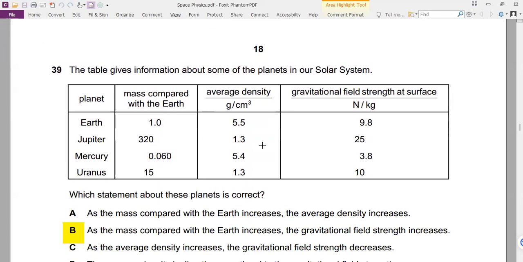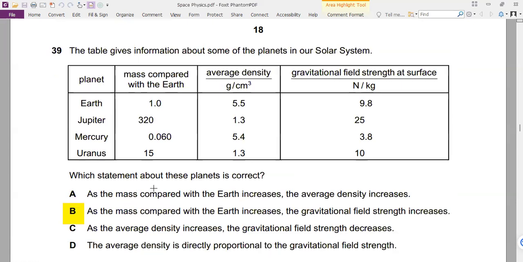So we have some relationships to understand. If we have higher mass, we have higher gravitational field strength. So this is asked here: as the mass increases, the gravitational field strength also increases.